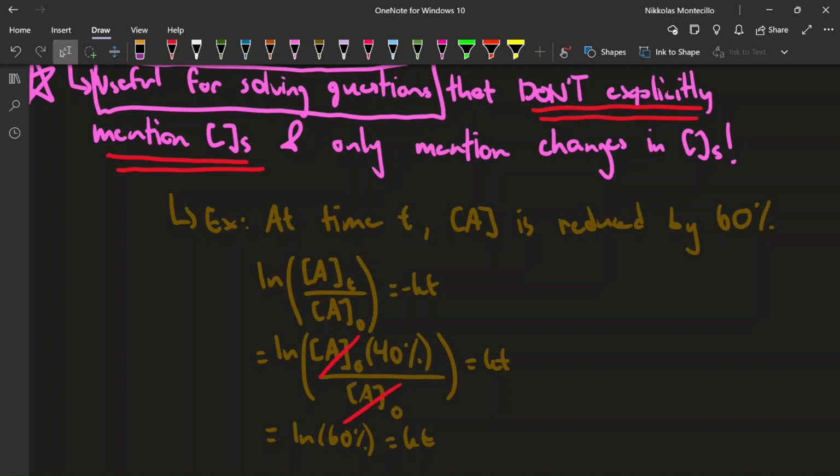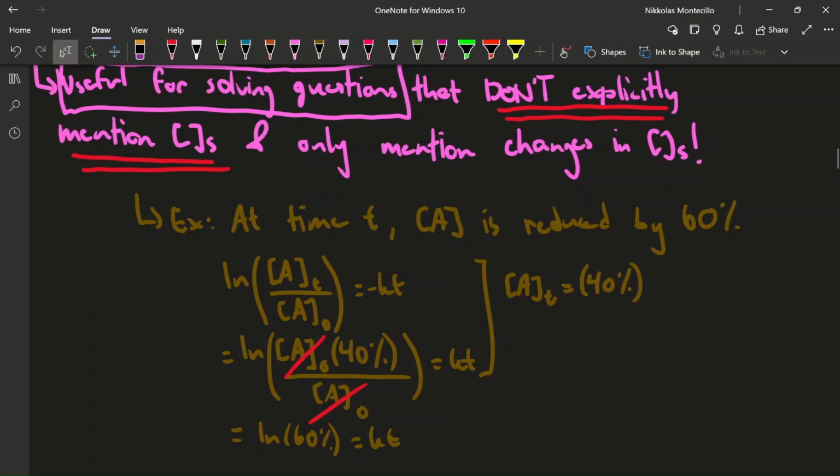So we apply this formula where the natural logarithm of the concentration at any given time t divided by the initial concentration is equivalent to negative kt. We recognize that the concentration of A at time t is equal to 40%, because this is what the concentration is at a given time, times the initial concentration.